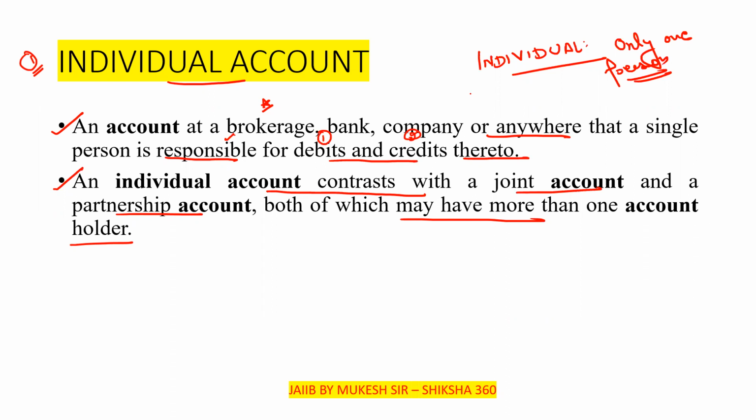On the other side, in the case of a joint account, there is more than one account holder. Either there will be 2 persons or 3 persons, depending on the case.